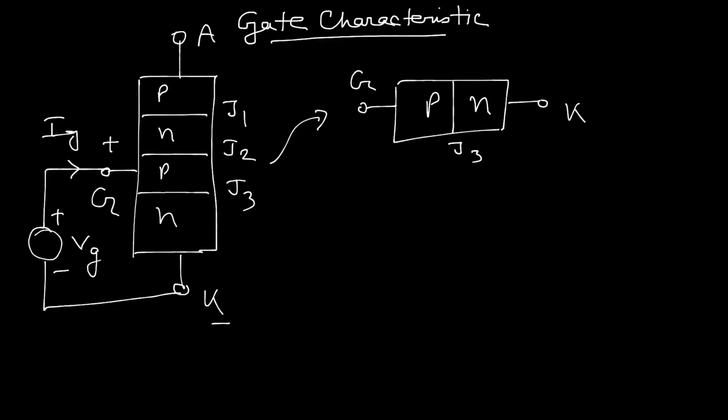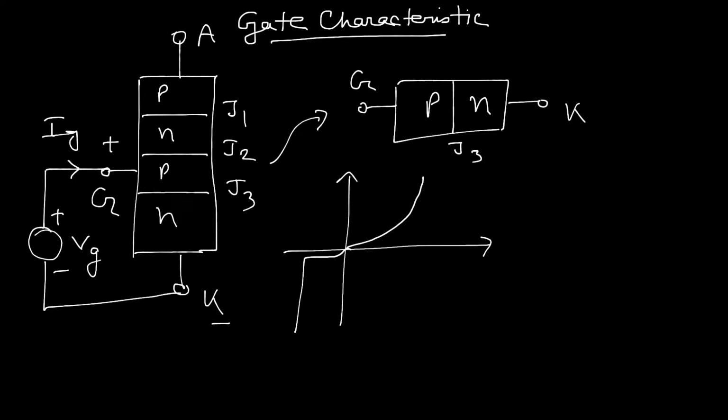And we know the characteristics of an ideal diode, that is defined by this picture, where in forward conduction mode it will be this one, and in the reverse direction the characteristics will be this one.